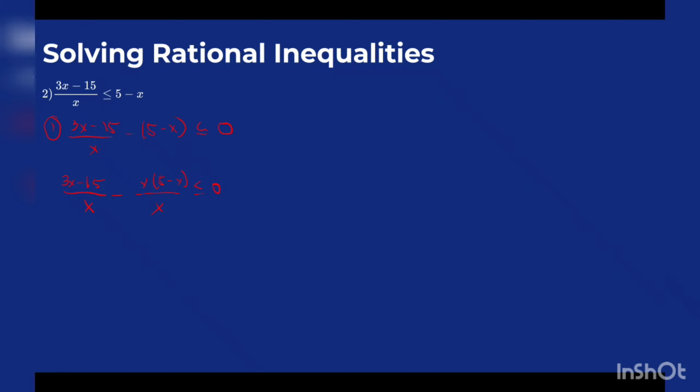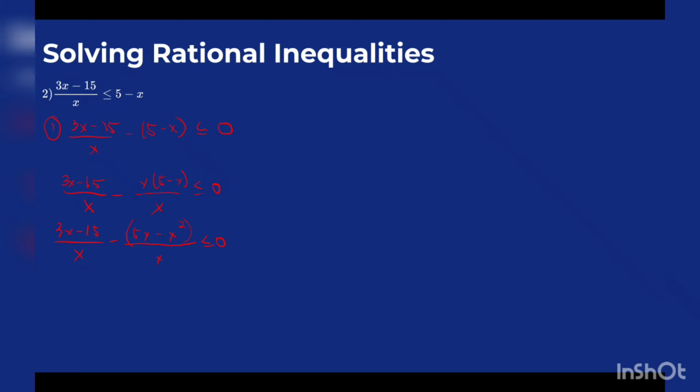Then this will be 3x minus 15 over x minus x times 5 is 5x, and x minus x is negative x squared, all over x is less than or equal to 0.